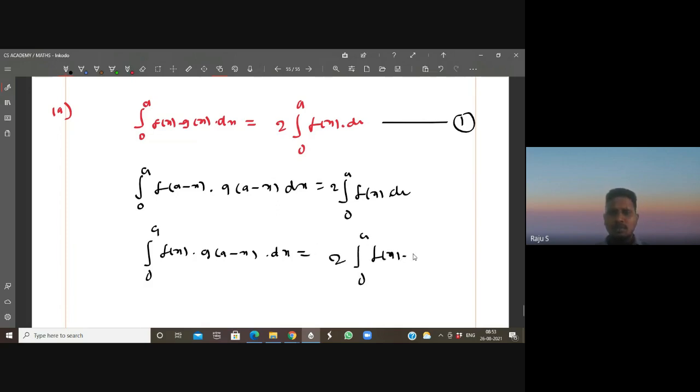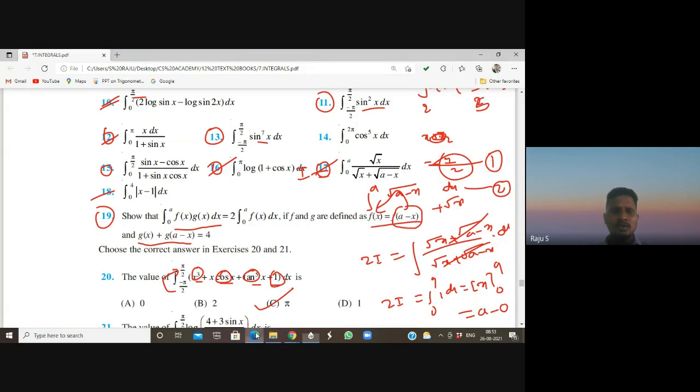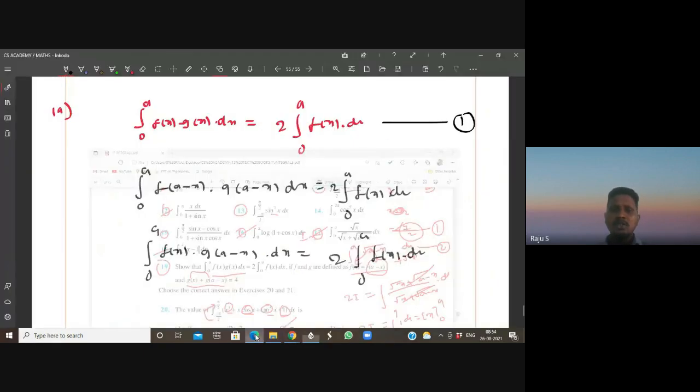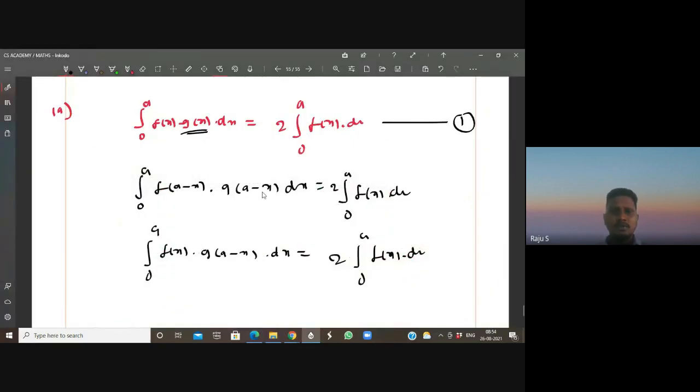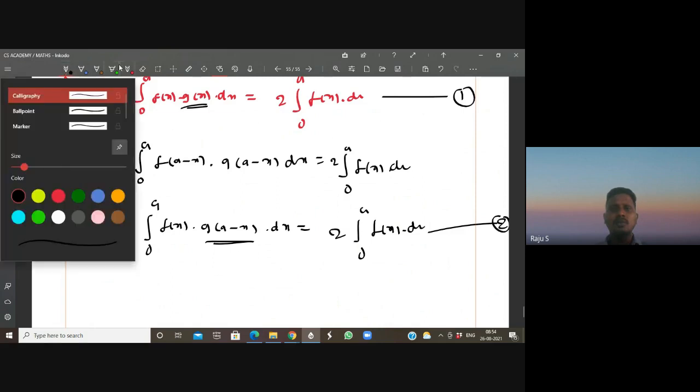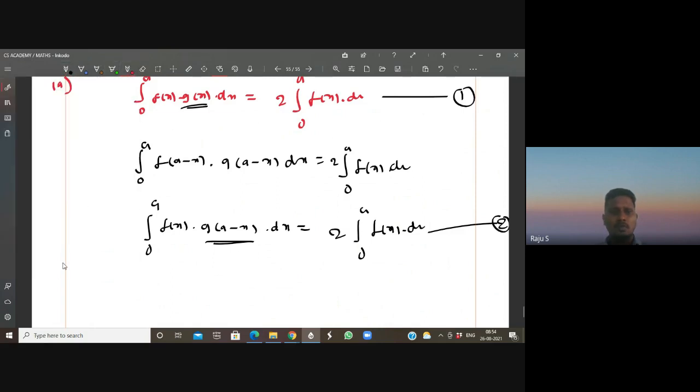Now one more condition they have given: g of x plus g of a minus x. To get g of x plus g of a minus x, we can add both the equations, 1 plus 2.